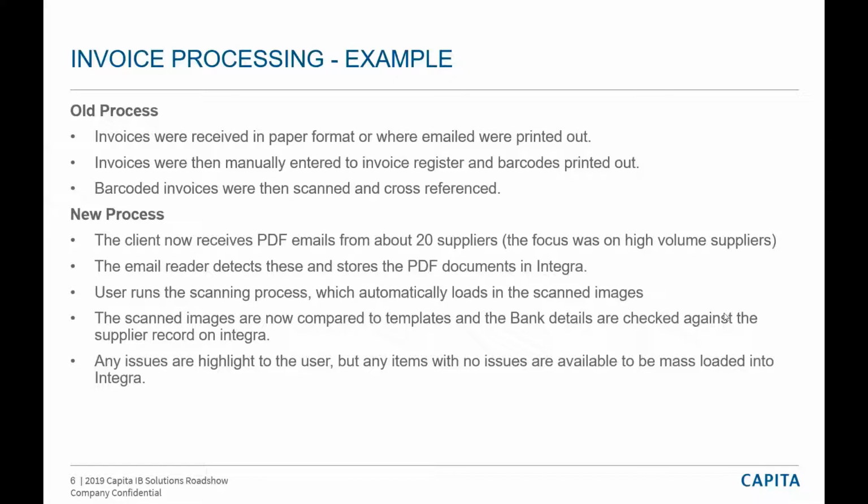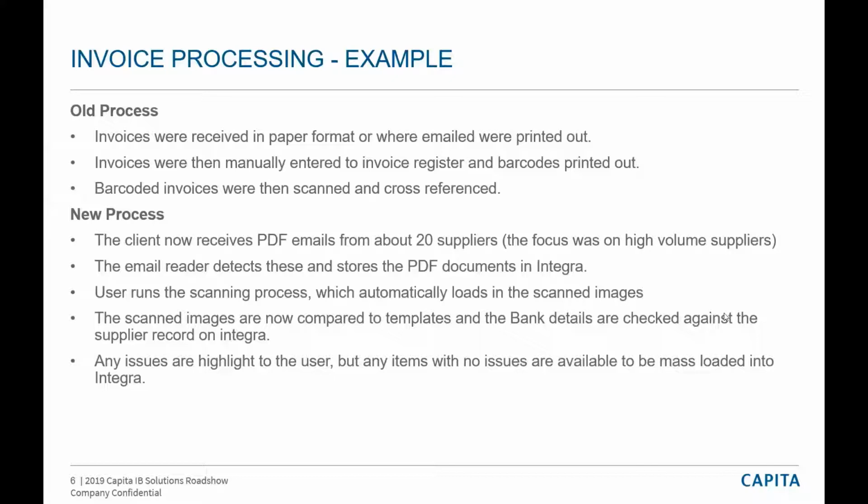So the email reader picks up those emails, takes the PDF attachment, and stores it into Integra in the report file server. The user then runs the equivalent of the OCR scanning. So they go into the screen, the files are automatically loaded onto that screen. They then just hit save. Those scanned images are compared to templates and the bank details are checked against the supplier record on Integra.